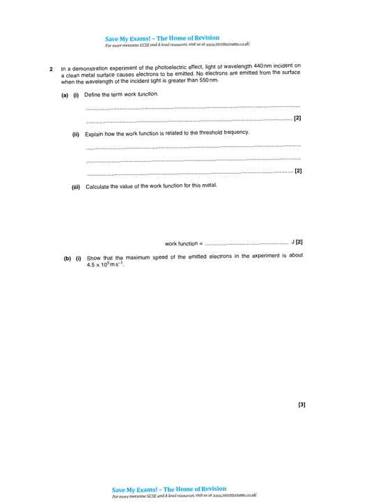So looking at the second question, this is in a demonstration experiment of the photoelectric effect. So once again, it's talking about the photoelectric effect, light of wavelength... we are given a value there, label it ahead, because obviously you will need to use that number somewhere. Incident on a clean metal surface causes electrons to be emitted.